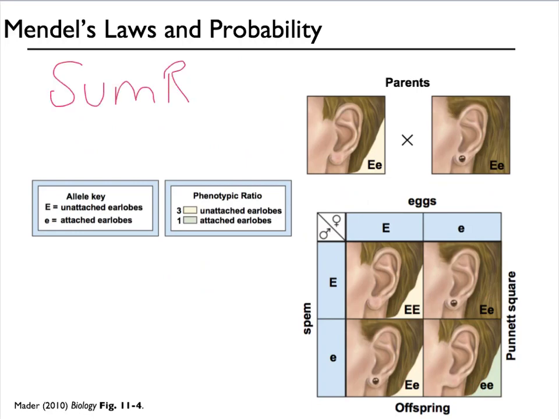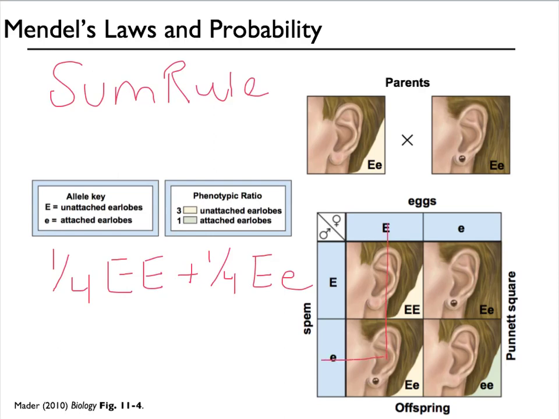So let's take a look at that. As we saw before, using the product rule, we calculated that there was a 1/4 chance of an individual having the genotype of big E, big E. If we followed the product rule similarly for the other genotypes, we would see that there's a 1/4 chance of an individual getting a big E from mother and a little e from father, a 1/4 chance of getting a little e from father and a big E from mother.